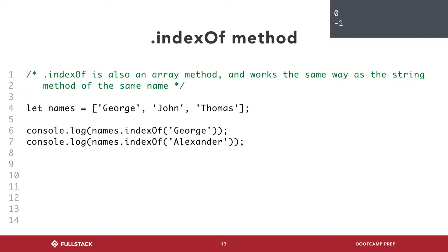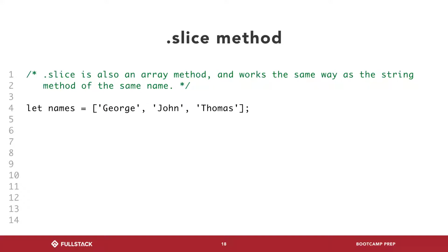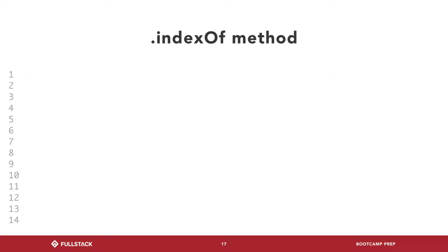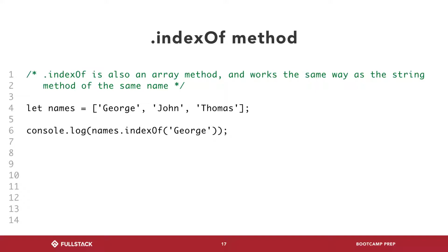If it doesn't find it, it will return back -1, saying, hey, this thing doesn't exist, or this thing exists at the negative index, which doesn't exist, I guess. indexOf doesn't change the original array. It doesn't change anything, right? It just returns back a number to you that tells you at which index that match is found, if at all.